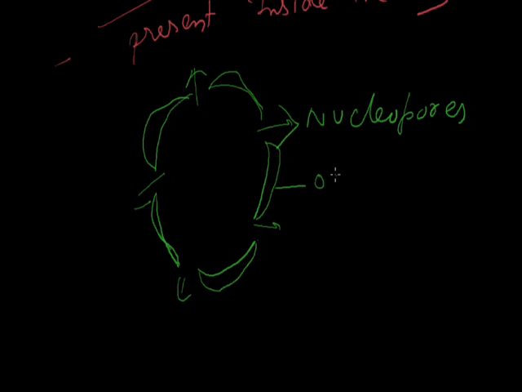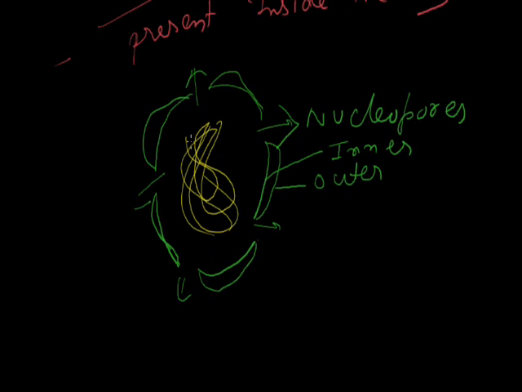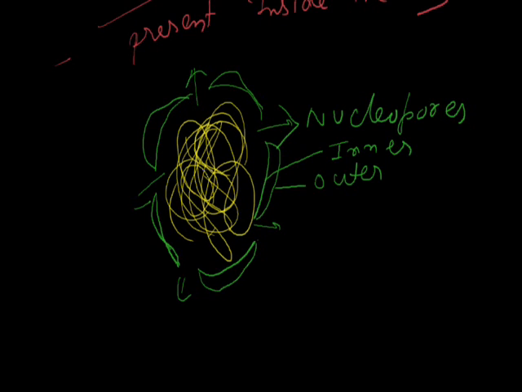These are the outer membrane of the nucleus. These are the inner membrane of the nucleus. And if I discuss the internal part of the nucleus, it is a very important part. Its internal part is a fiber-like structure, and these fibers are known as chromatin fiber.